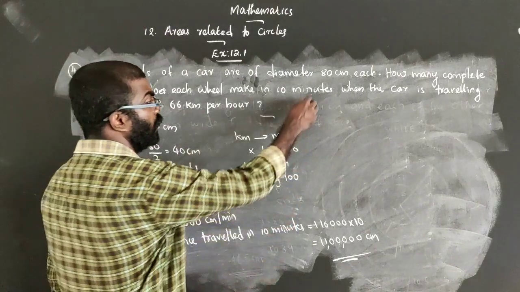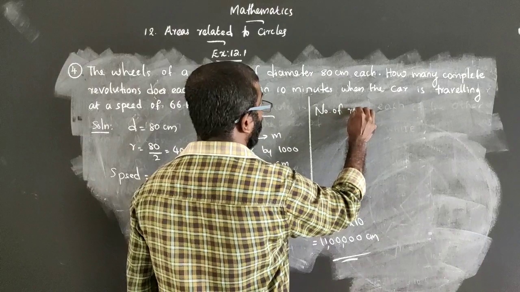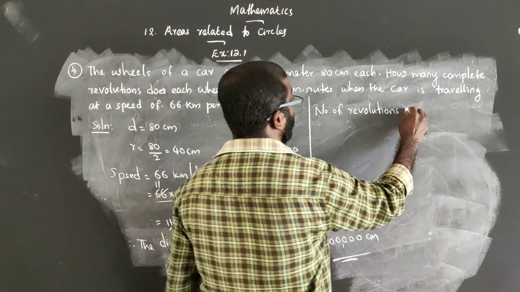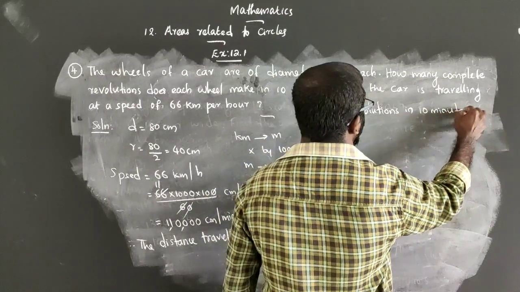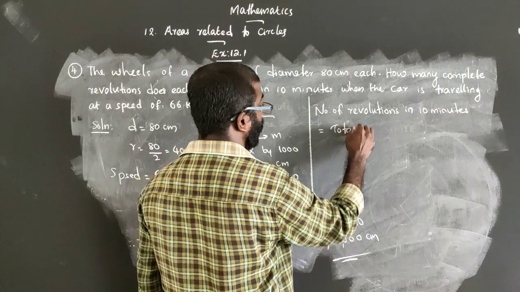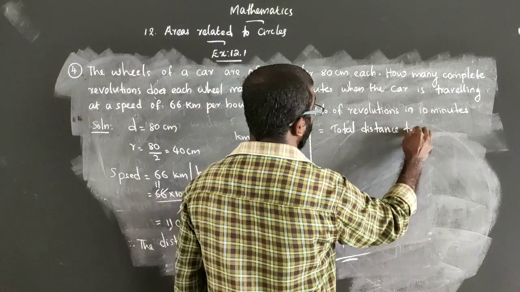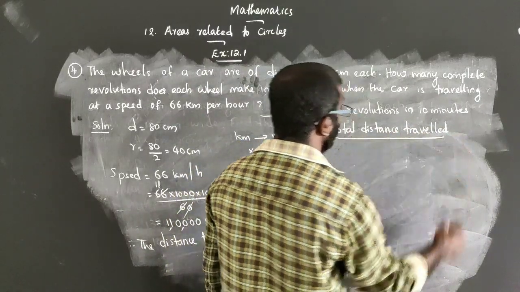Okay. Now we can find the number of revolutions. So the number of revolutions in 10 minutes is equal to, we have to divide the total distance traveled by the circumference of the wheel.